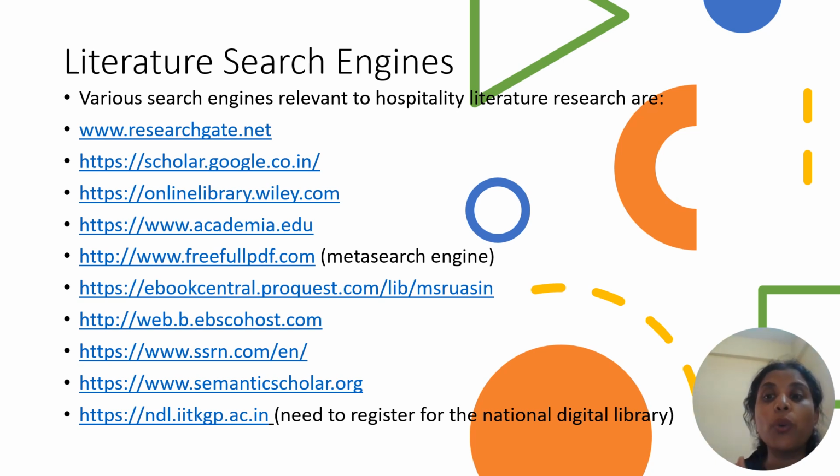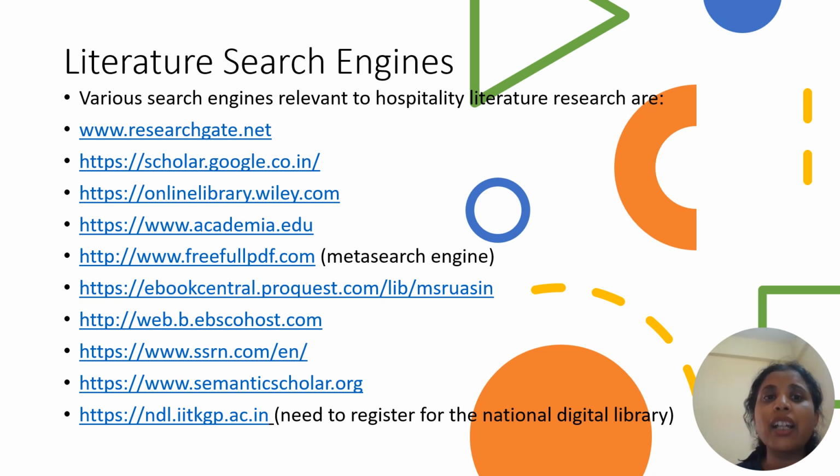Open access means it is easily available to the public. If it is restricted access, it will have a lock icon, and you need to request the author or log in through your university, college or institution to see it.